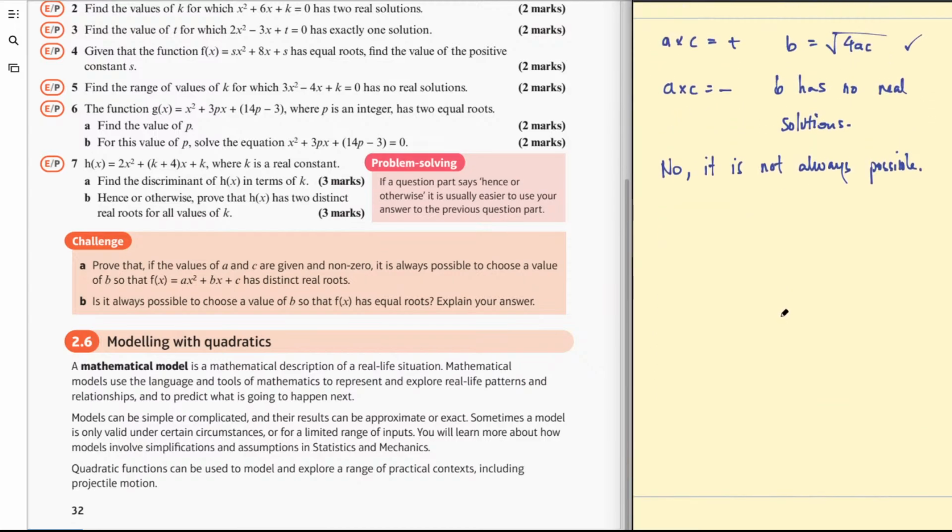Alrighty. So that was the discriminant. Not too bad, right? We're on to modeling with quadratics.